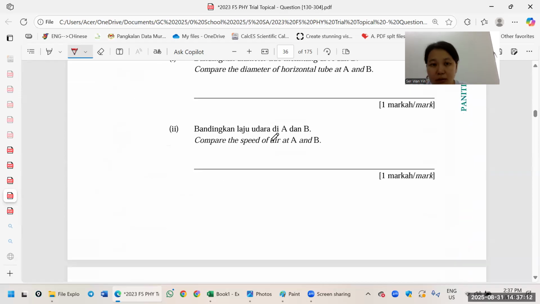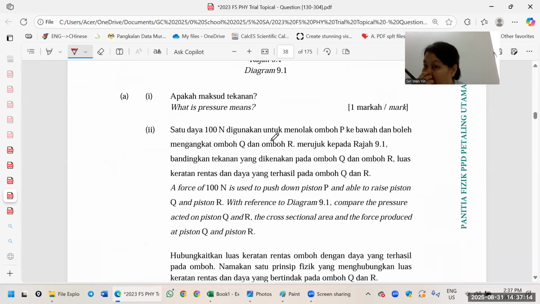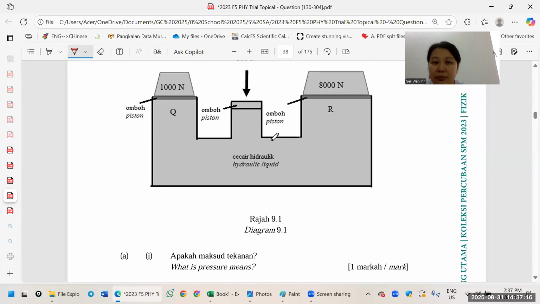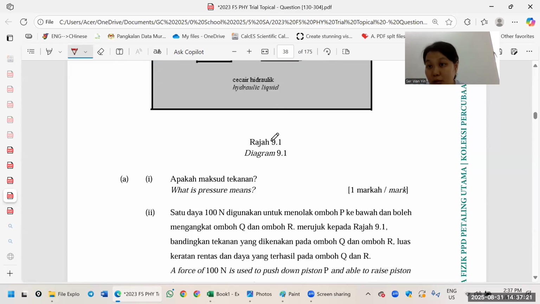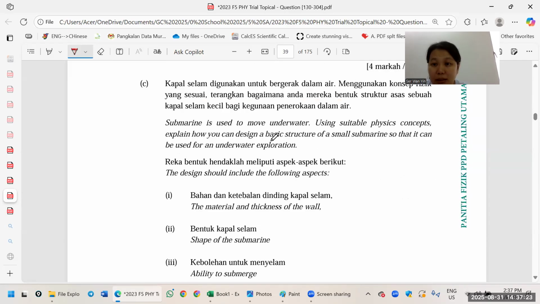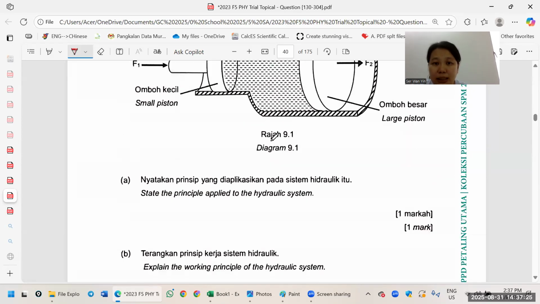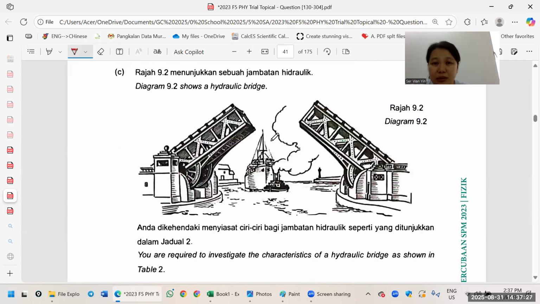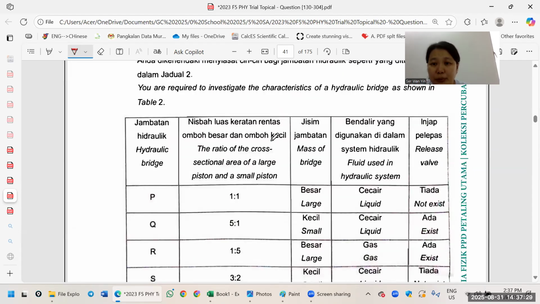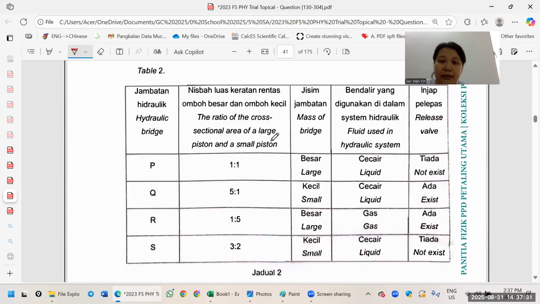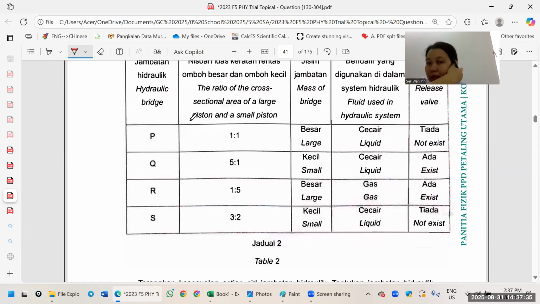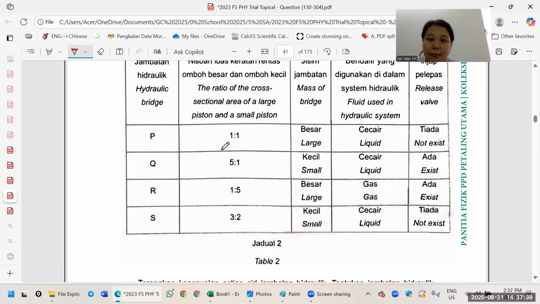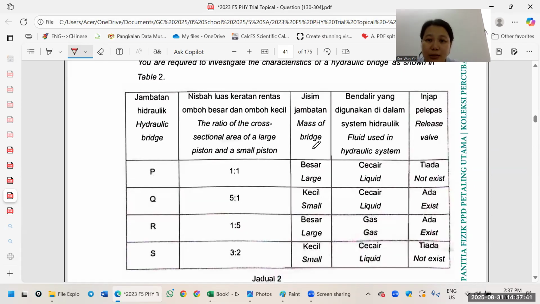Now let's look at resistance. Now see Pascal. There are so many questions here. You try here, they are almost the same thing. Again, Pascal's principle. Again, the bridge. How is Pascal's principle used for the bridge? Which one is the best?